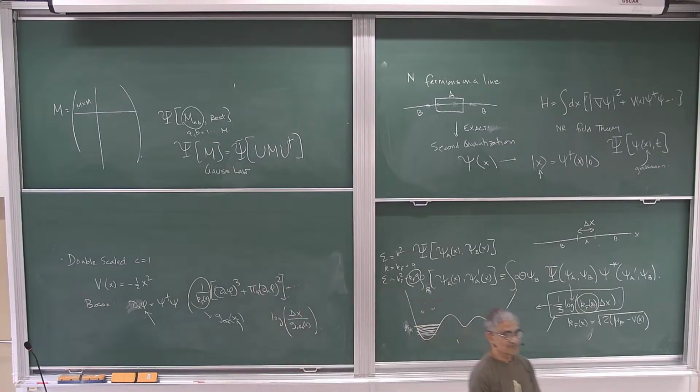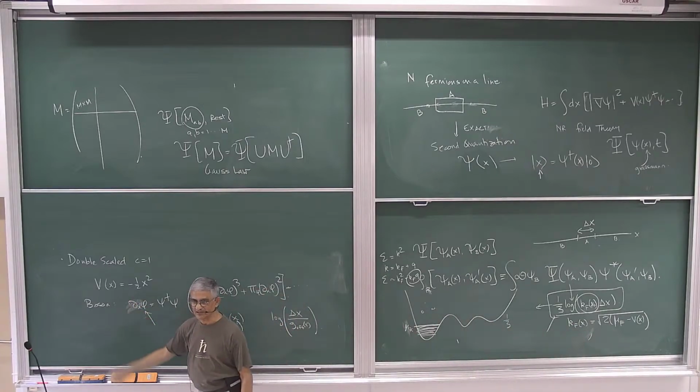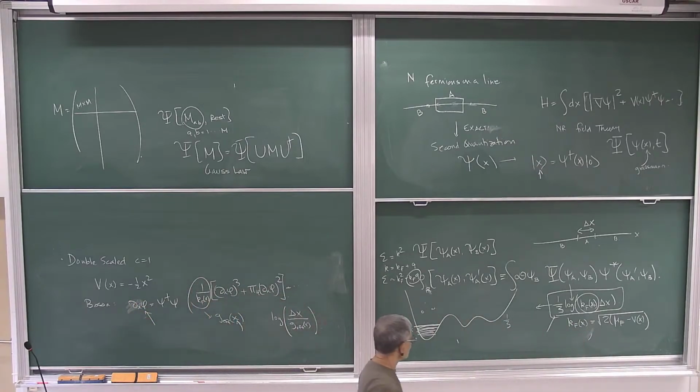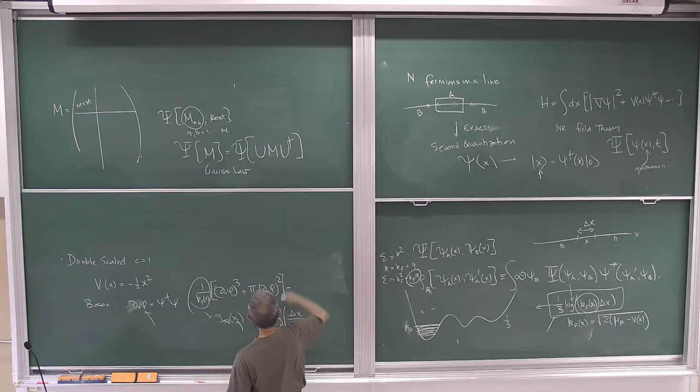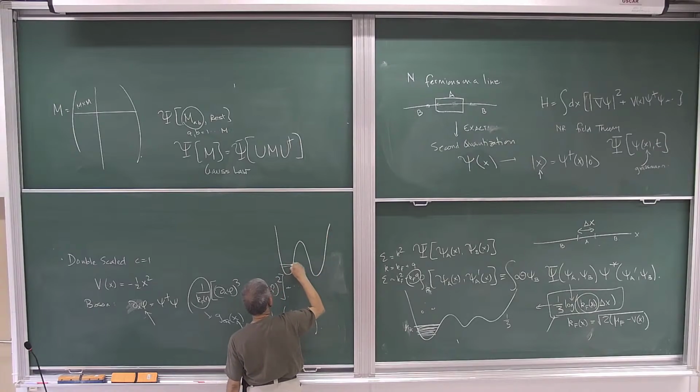okay, it turns out that there's a certain limit you have to do to arrive at this potential. It's called a double scaling limit. What it corresponds to is, roughly speaking, the following: start with a nice potential like this, and there are various versions of the string theory, fill both sides, and what you do is, so this is the Fermi surface, you take a limit where the Fermi surface approaches the top of that potential.